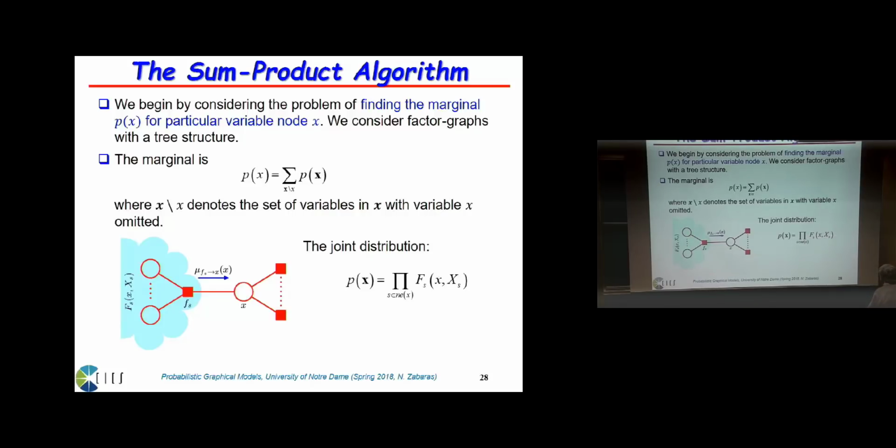You don't have to give me an equation, but it says here, the joint distribution of all the x's is the product of these functions with subscript s for all s's that are neighbors of x. So for all factors that are neighbors of x. So this factor and that factor and that factor, etc.